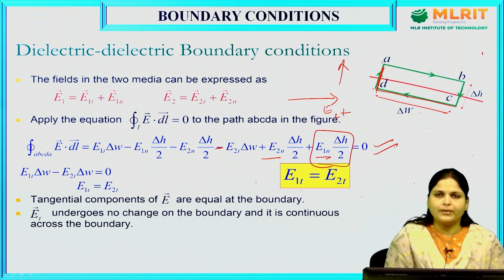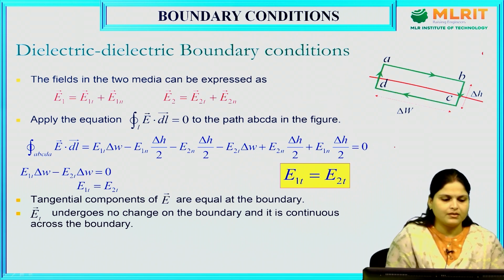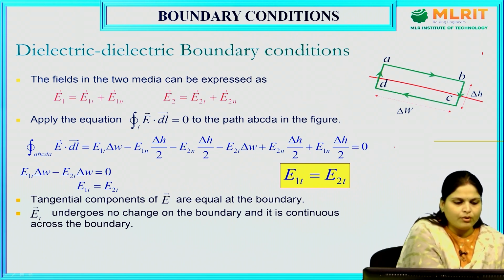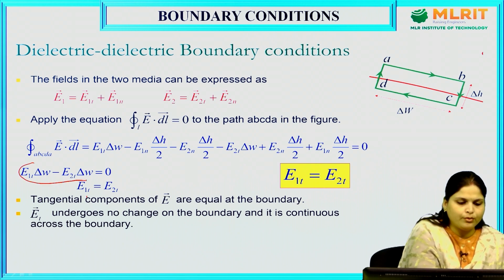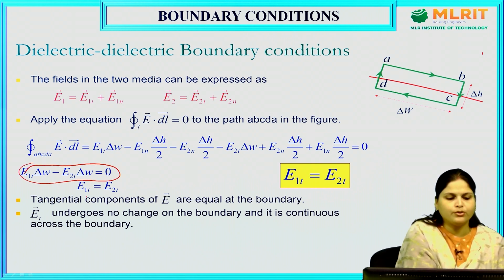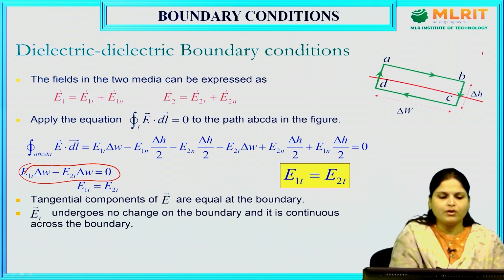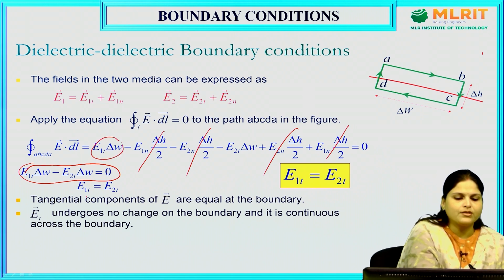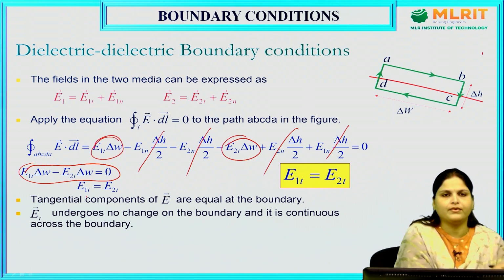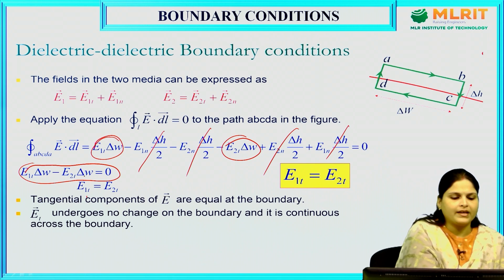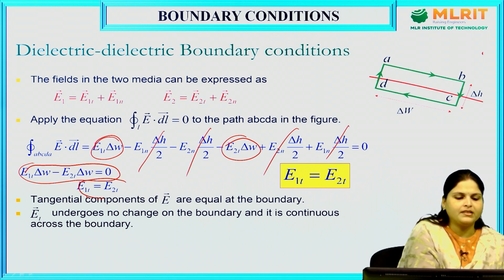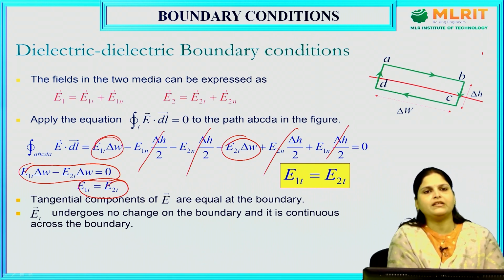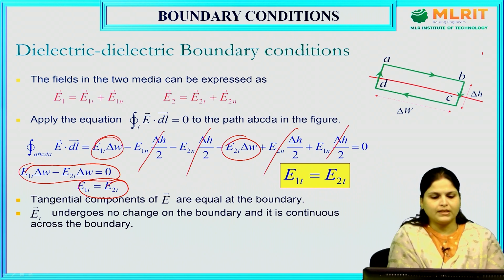Now we will see how many components are being cancelled. If you notice, E1n del h by 2 is cancelled, E2n del h by 2 is cancelled, so only E1t del w minus E2t del w is left, and again it is equal to 0. So ultimately this expression can be written as E1t equals E2t.